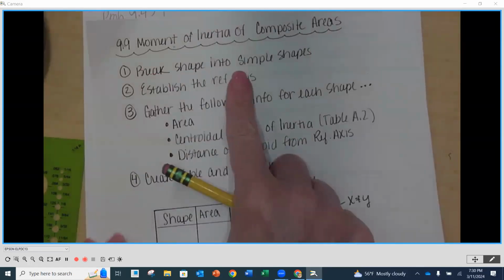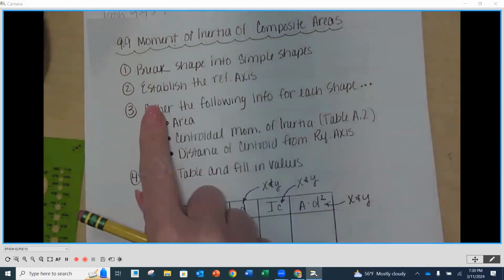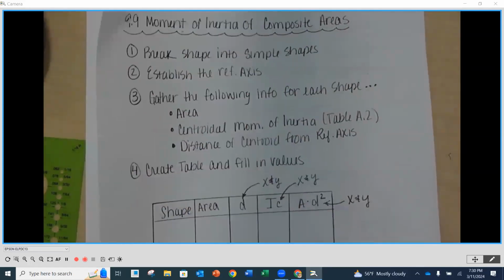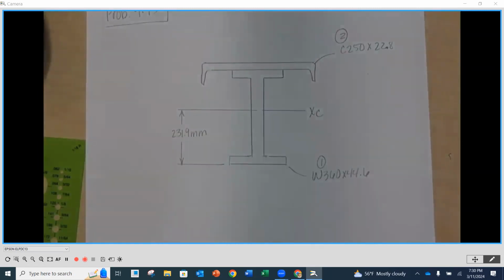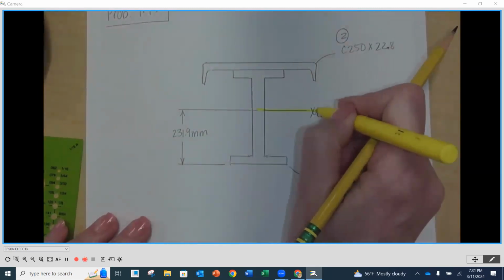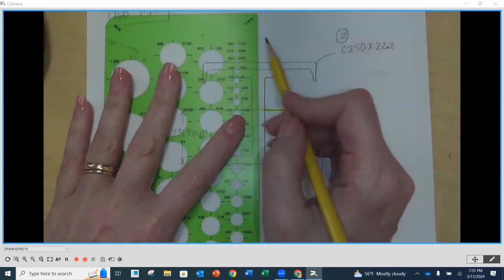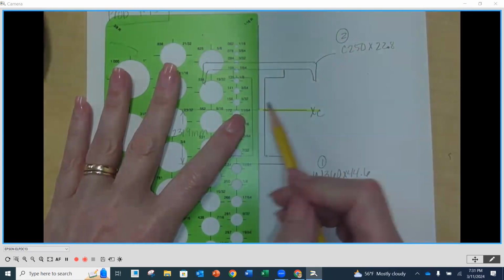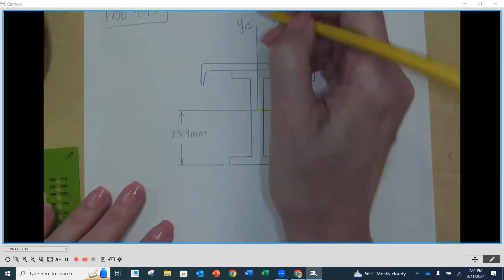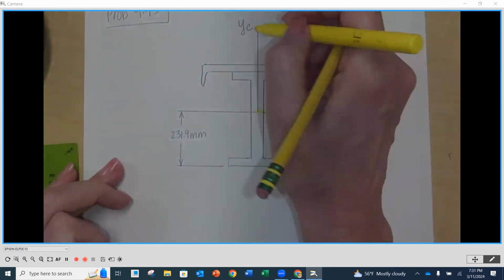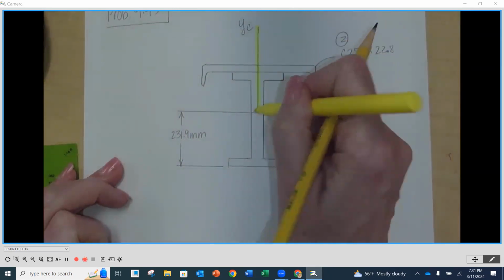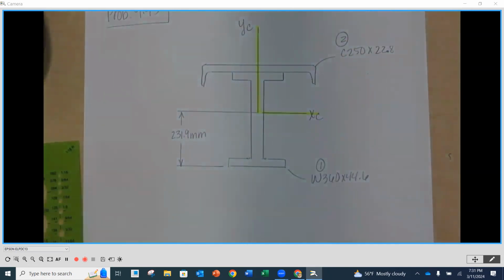Now, just like when we had simple shapes, the same process is going to happen. So we already picked our shapes. We need to establish the reference axis, which we sort of did. We know that the X centroidal axis is right here. And additionally, because this part is symmetrical, right down the center here is going to be that Y centroidal axis. So they already identified it for us, so we don't have to take the step of finding the centroid of the composite shape.